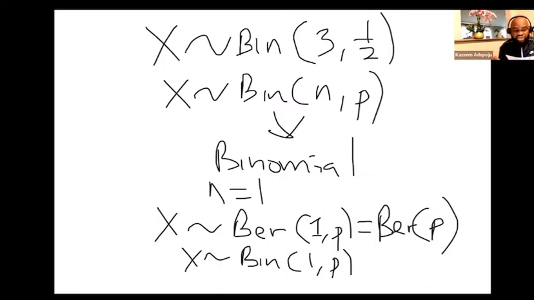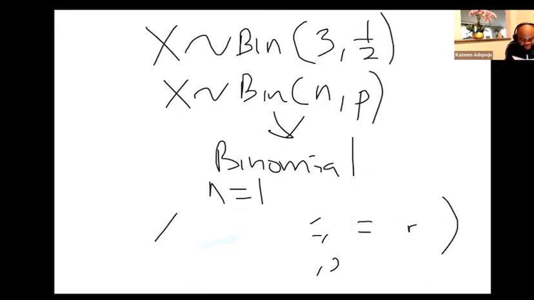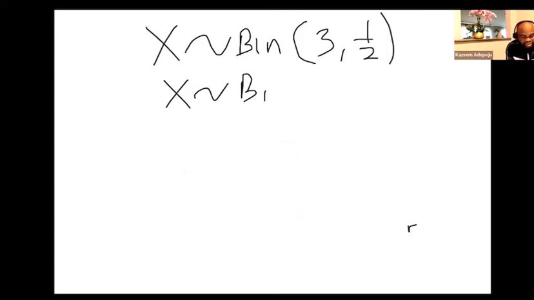But the difference is that in Bernoulli we have one trial, but in binomial we have many trials. So right now the situation I want to define is binomial, because I want to have more than one trial and I still want to have two possible outcomes. So the example I want to cite is going to come from binomial.